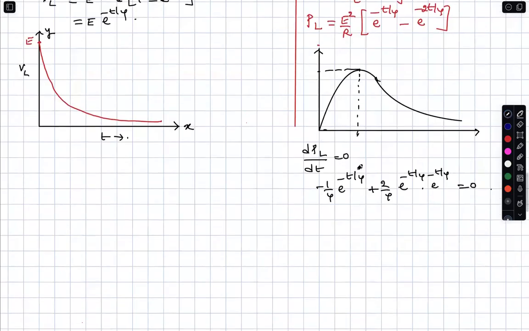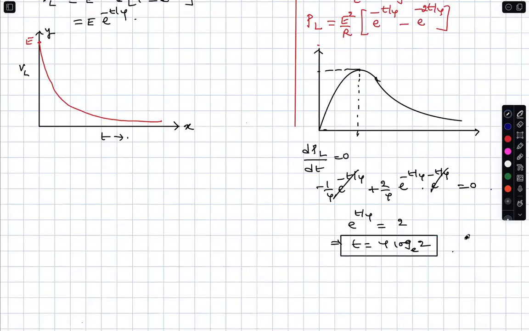So cancel this. Finally, e to the power of t by tau is 2. At t is tau times natural logarithm of 2, it happens. At this instant, the power delivered, PL, is maximum.